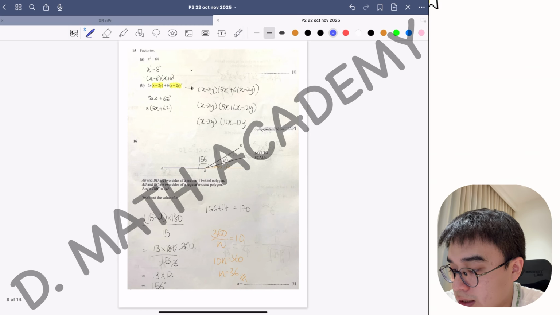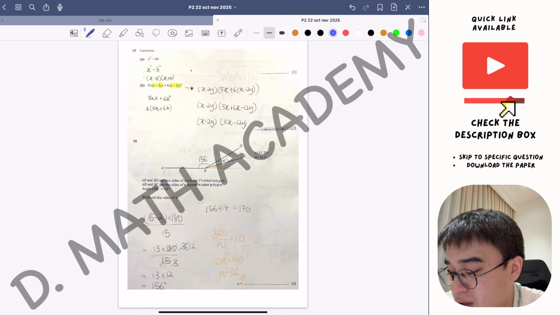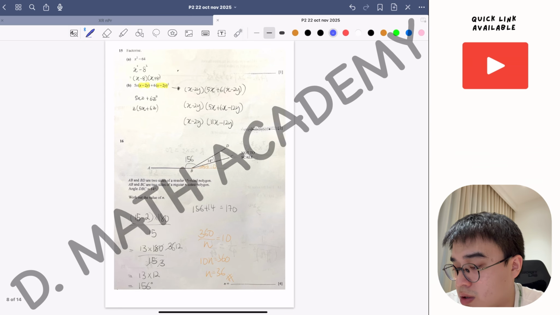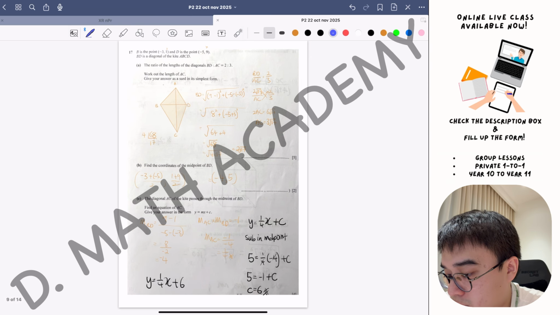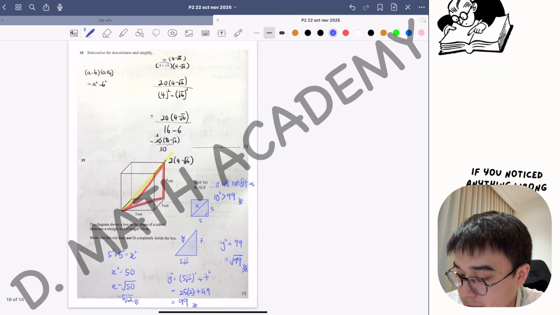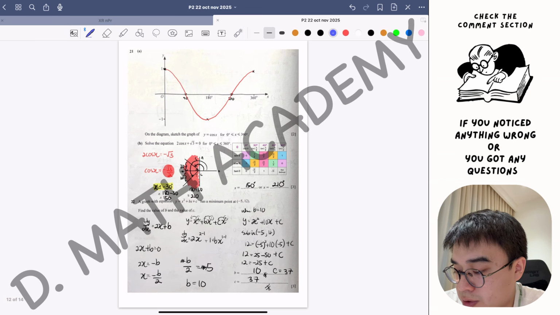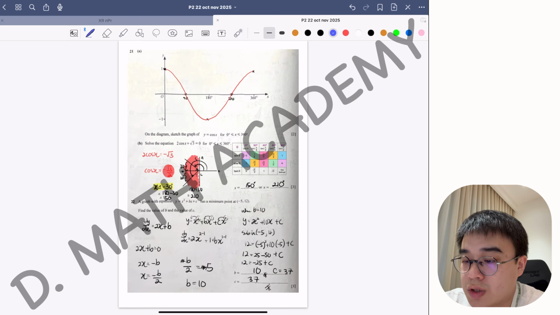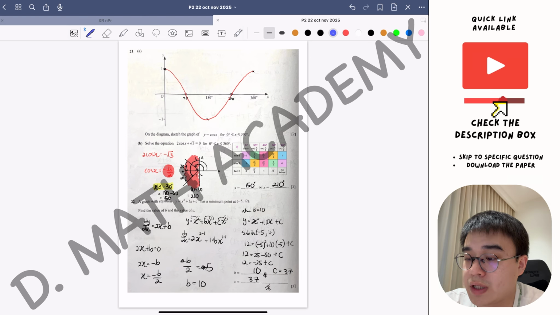And then lastly, the ones that might be a little bit confusing to some of you: question 16, question 17, I don't think a lot of students will like it. Some students might also lose marks in question 22 and 21B.